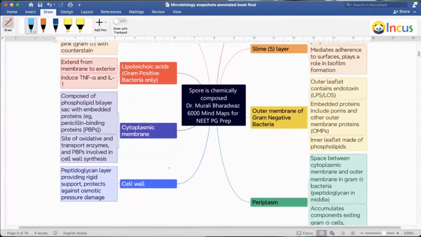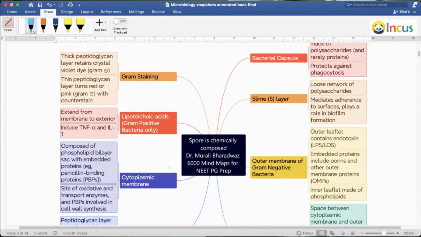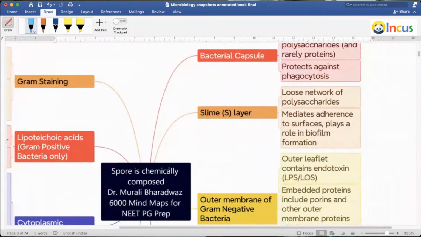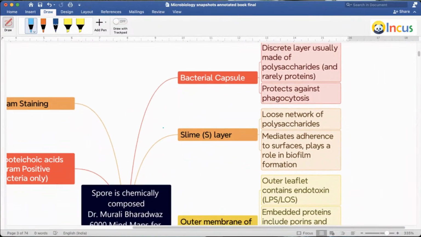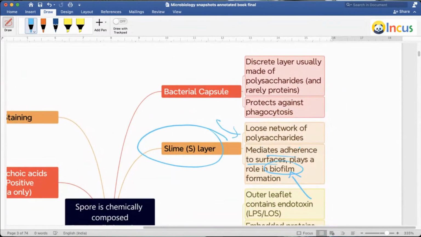Now we have come to a very important area, doctor. Few important points about the bacterial structure. So if you look at the spore, typically there is a slime layer which has polysaccharides, and the slime layer helps adherence to the surface and is also important for biofilm formation. Now the bacterial capsule protects against phagocytosis.